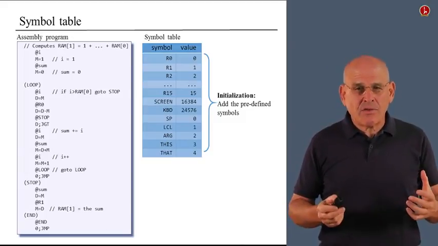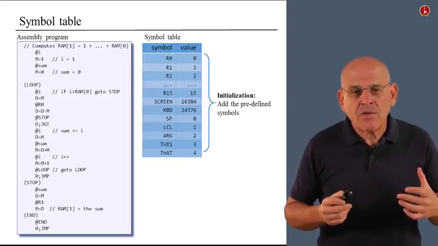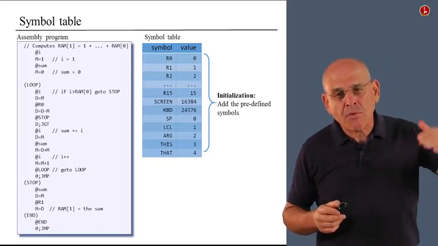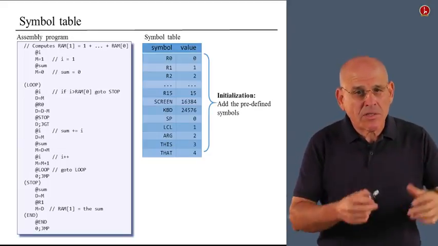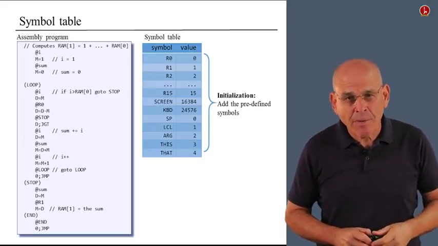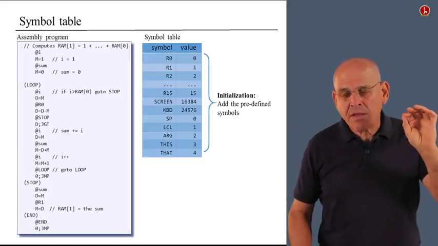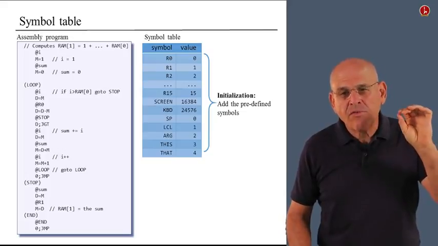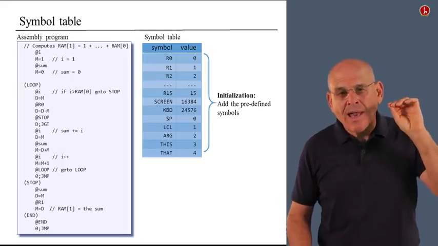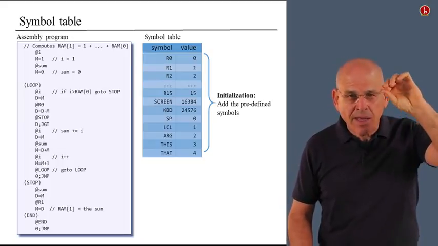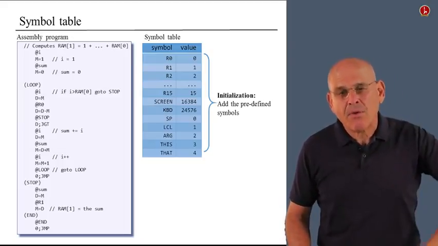The next thing that you do is you march through the entire text file that constitutes your source assembly program, and the only thing that you do is you look for label declarations. You look for lines of code that begin with a left parenthesis.